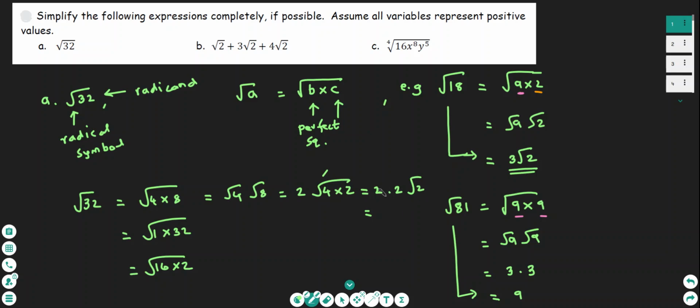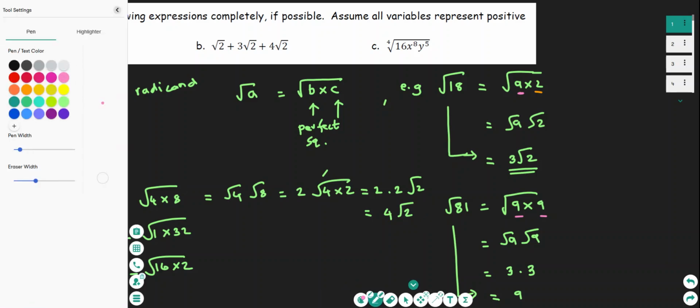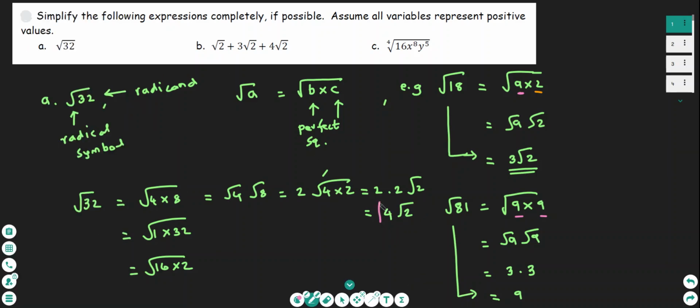So therefore we can now see that 2 times 2 is 4, and this becomes 4 root 2. So this is the simple form of the square root of 32 if you are doing it this way.